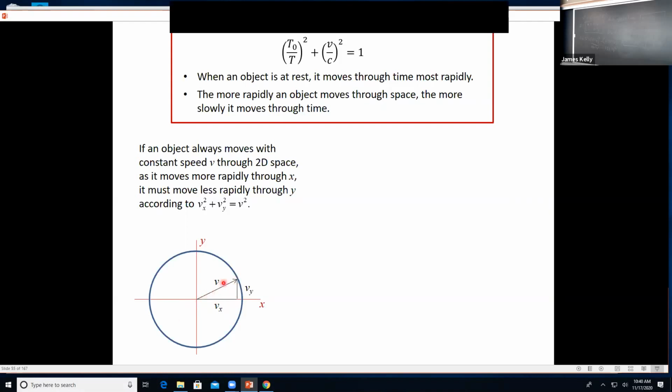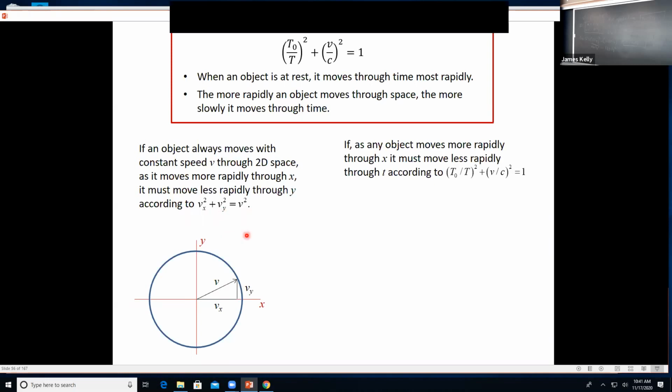As it's moving along this direction, Vx just tells us how fast it's progressing only along the x direction, and Vy tells us how fast it's progressing along the y direction, right? The relationship between Vx and Vy and the speed that it's moving at is given by the Pythagorean theorem. They're three sides of a right triangle. The square of the hypotenuse is equal to the sum of the squares of the two sides.